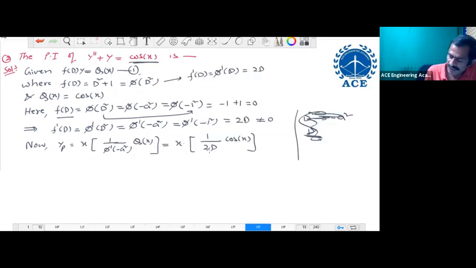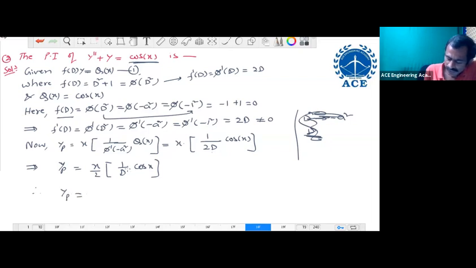If the operator is present like this, we should operate this on this function only, which implies yp equal to x by 2 into 1 by d of cos x. Already we know that d means the operation of differentiation, and 1 by d means the operation of integration. 1 by d means integral. So one time integral.